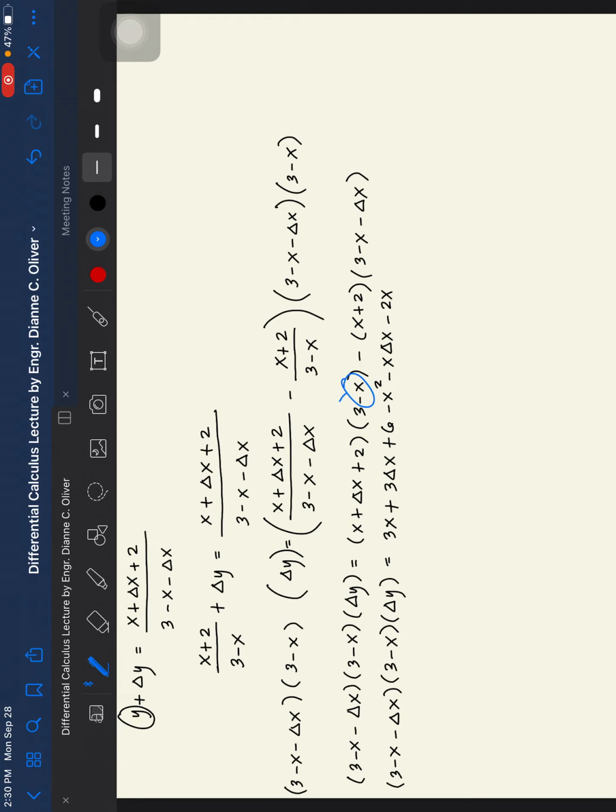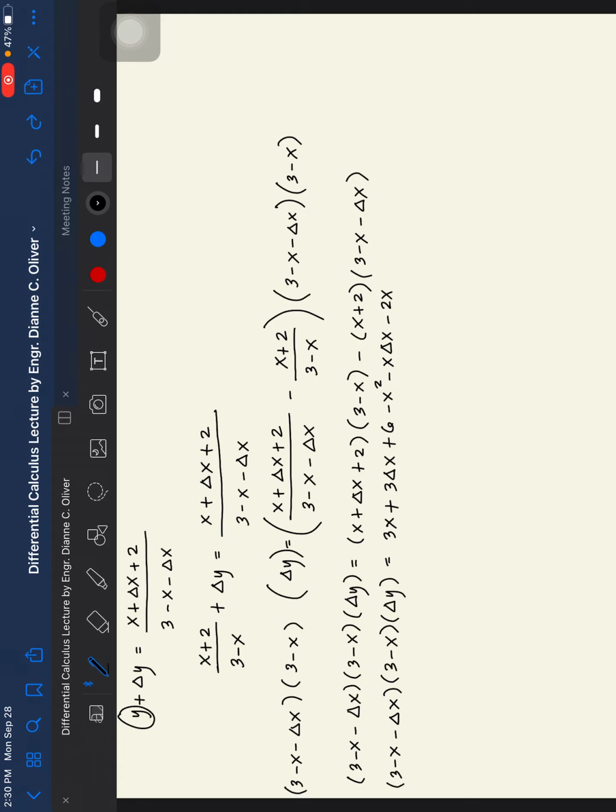When we multiplied x with delta x, we did not arrive with delta x squared. No, we have x delta x because delta x is a single entity.